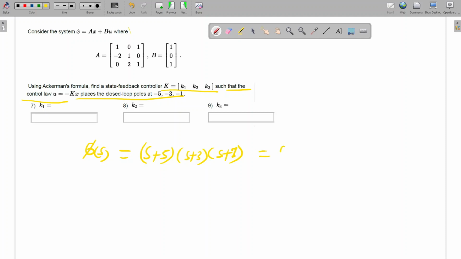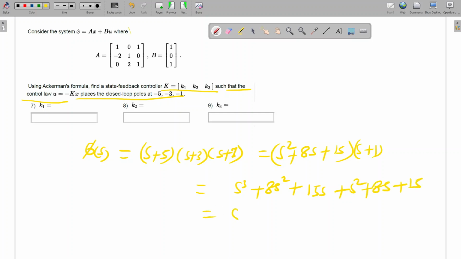So this will be (s square plus 8s plus 15) into (s plus 1), which is s cube plus 8s square plus 15s plus s square plus 8s plus 15. So that will be s cube plus 9s square plus 23s plus 15. So step 1, for this kind of question, first we find phi of s. This is the characteristic equation, or we can say the denominator. If you have to place the poles, then some function will be there in the denominator.